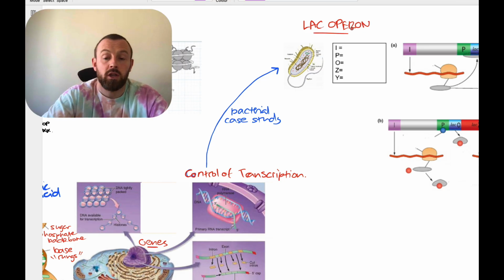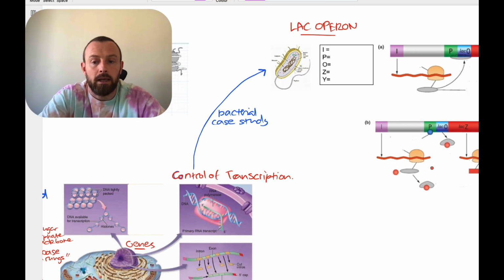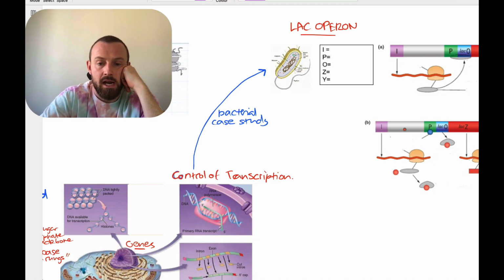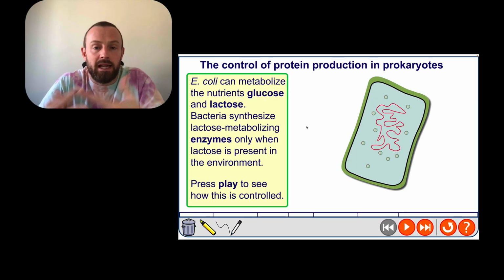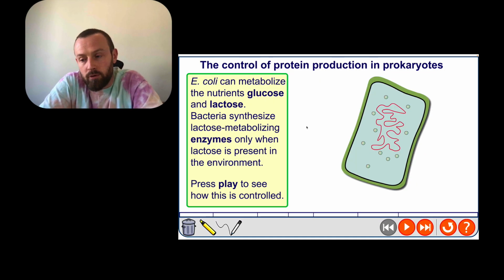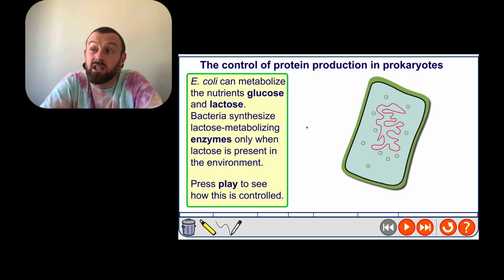Okay, so we're first going to look at a quick animation of the Lac Operon, and then we're going to label this and talk about it. So first of all, what is the Lac Operon about? The Lac Operon is about a bacteria not wanting to produce loads of proteins if it doesn't need to. E. coli is a very common bacteria. Normally it will be respiring and breaking down glucose, and it produces certain enzymes pretty much all the time to break down glucose.